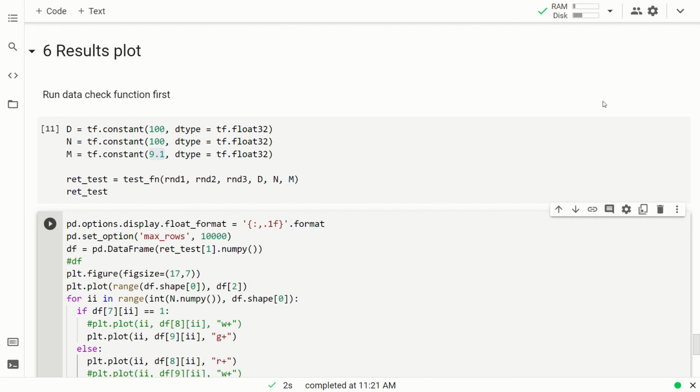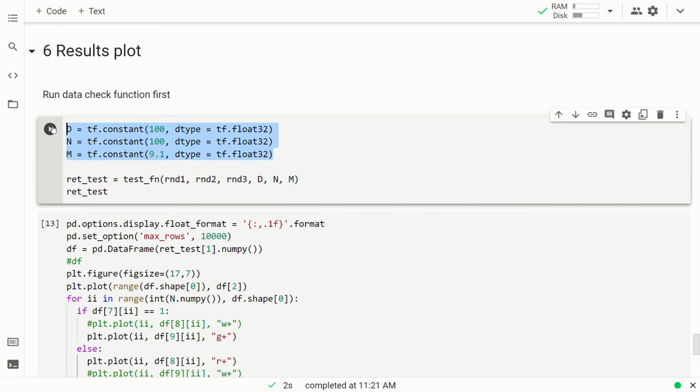Okay, so now I'm plotting the results. I have already run the second version of my test function. So the second version, if you go back to your code, was made for testing purposes. I am defining the three parameters I need.